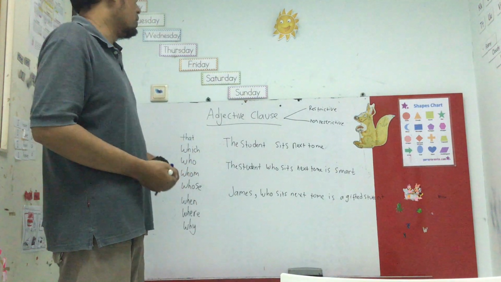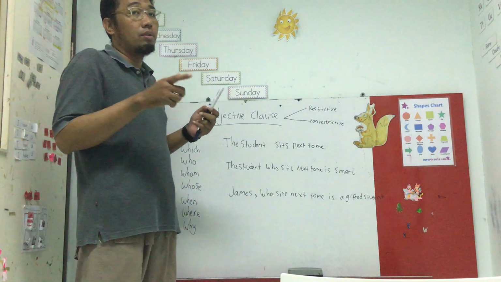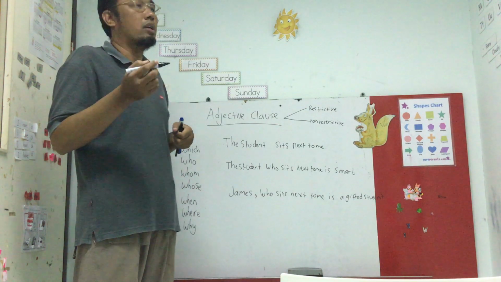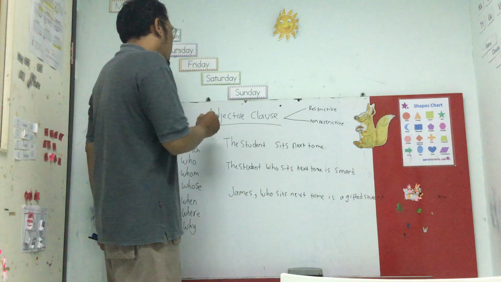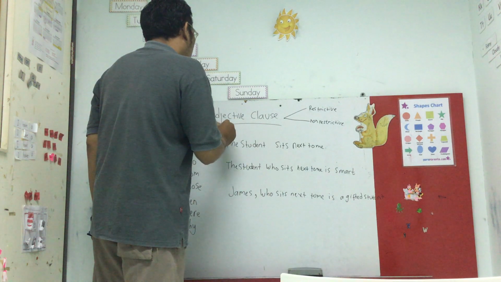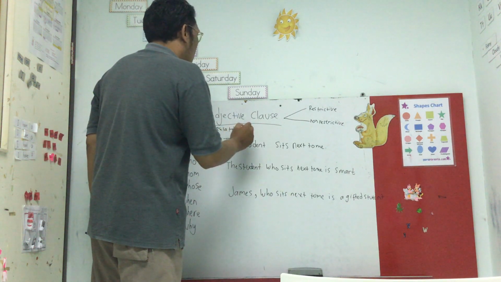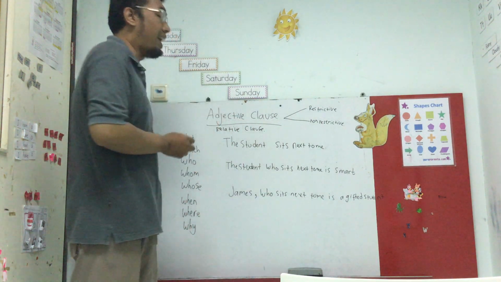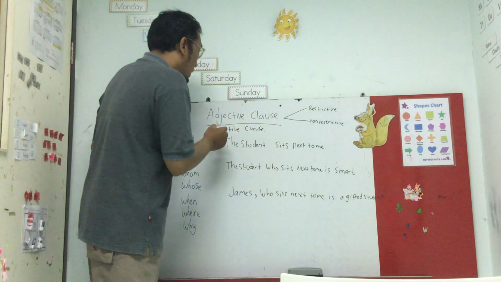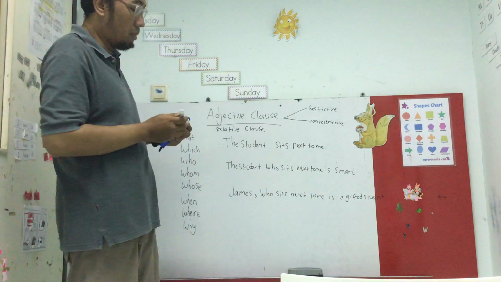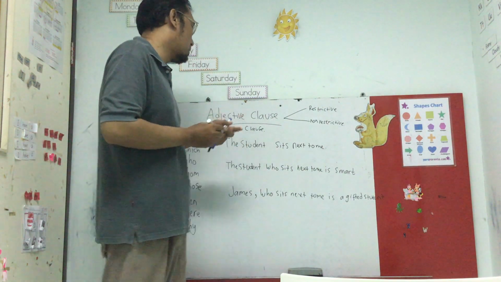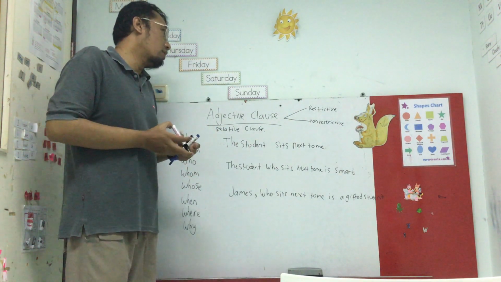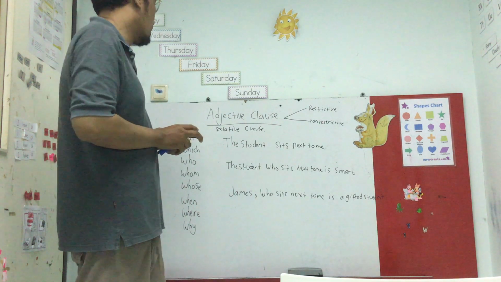Adjective clause, or in other books or on other channels, we can call it relative clause. So adjective clause or relative clause is the same thing. Adjective clause and relative clause.